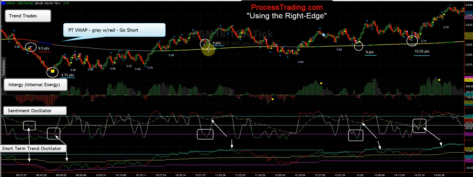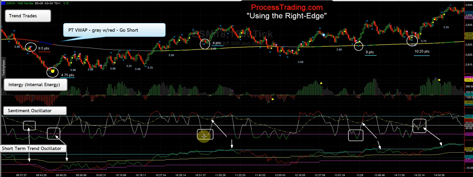So now the energy came out of it, but it didn't even get back to the VWAP line, which also acts as support and resistance, and it went all the way below the lower bound of the sentiment oscillator, while the sentiment itself stayed in the upper half of the oscillator, meaning that the sentiment is still strong to the upside.